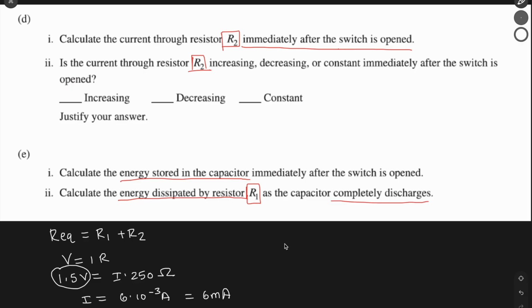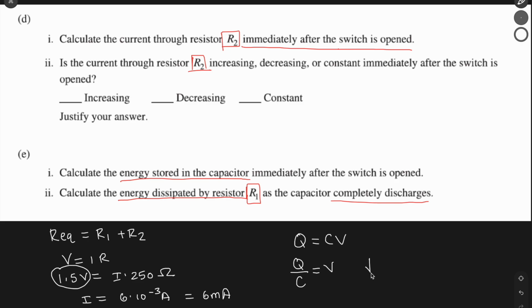Now that we did that, we can answer part 2, which is: is the current through resistor R2 increasing, decreasing, or constant immediately after the switch is opened? This is really a conceptual question, so we have to understand what is happening to the circuit as the capacitor discharges. Remember that in a capacitor, Q equals CV, and we're losing charge because we're discharging.